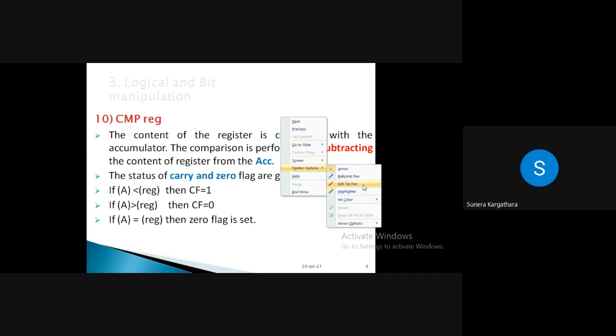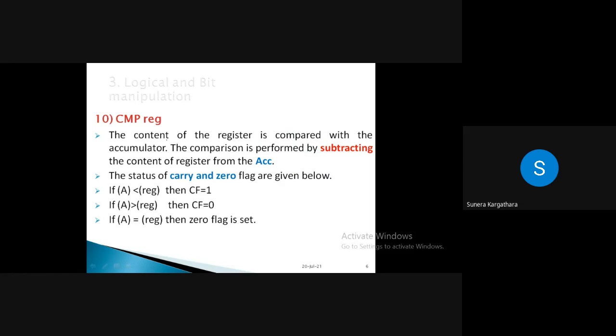If I write CMP B, and register B is loaded with some data, and I have the accumulator which is loaded with some data, right? If I write CMP B, what will it do? It will subtract this content of register B from the accumulator.